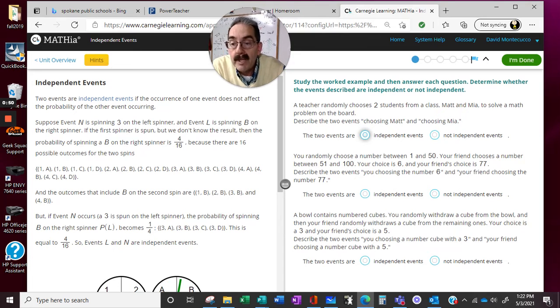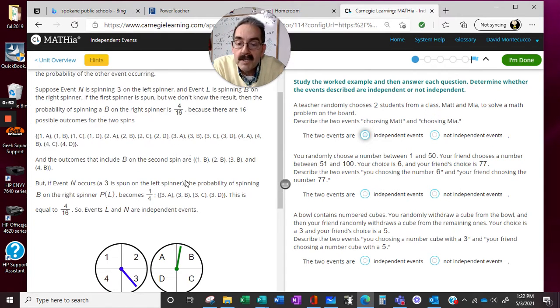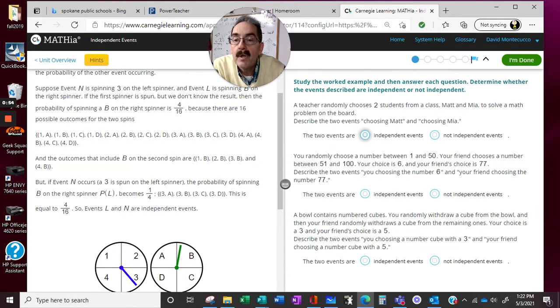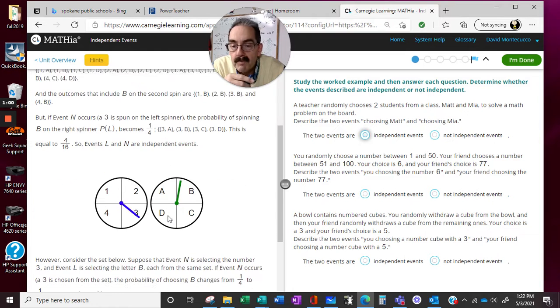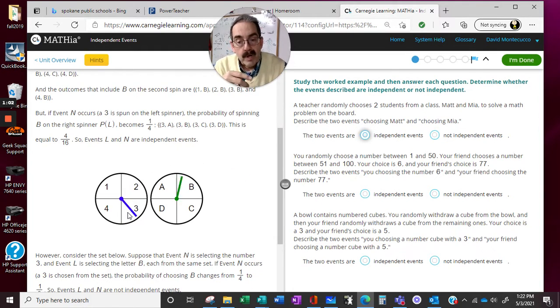Now we have all the possible choices, right? So, probability of a 3, probability of an L. 1 out of 4, 1 out of 4. So the events L and N are independent.